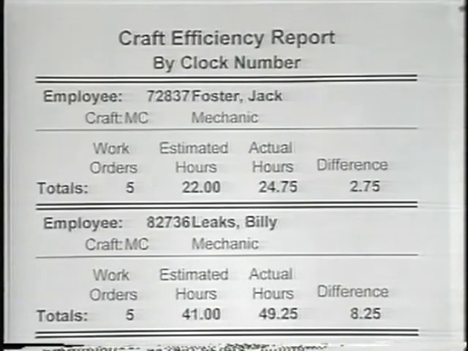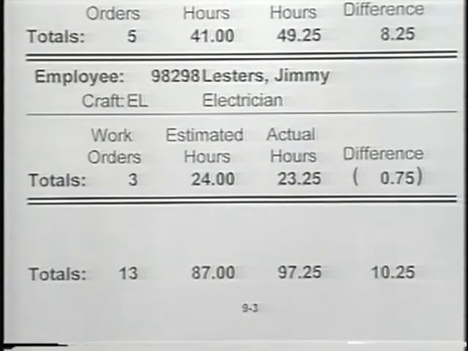So you'll see that the first mechanic had taken 2 3/4 hours more than what he was actually scheduled for. In the second case, we actually took 8.25 hours more, and that's starting to show that our slippage, okay, is going negatively in the efficiency column.